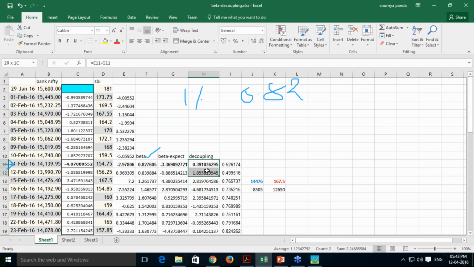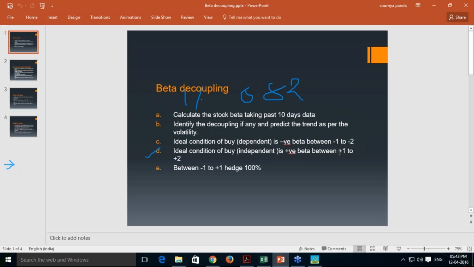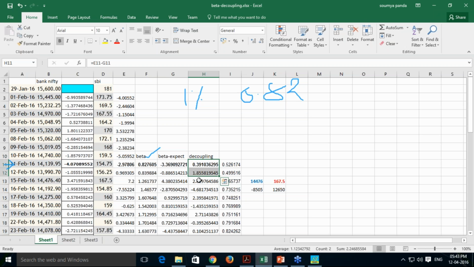We are just crossing the net decoupling value of positive 2.24. So what does my rule say here? Positive decoupling means buy the independent and sell the dependent. So assuming you are here, it has expanded, and on the third day also it has expanded.